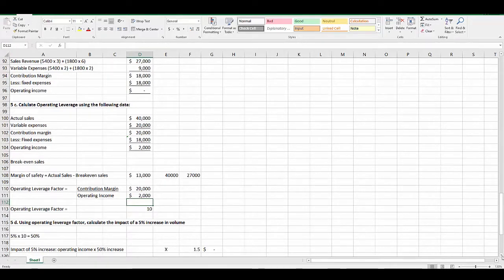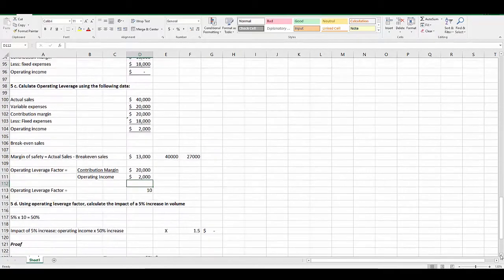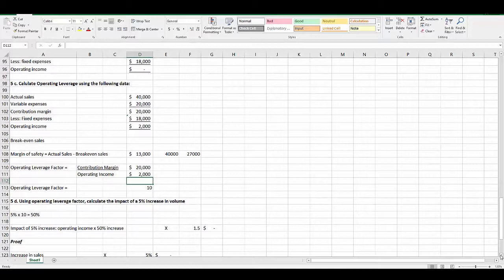So now we'll use that operating leverage. Here you're asked to calculate the impact of a 5% increase in volume. Instead of having to go back in and recalculate your sales, your variable cost, contribution margin, and so on, this is a shortcut.